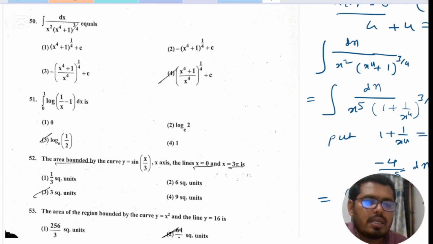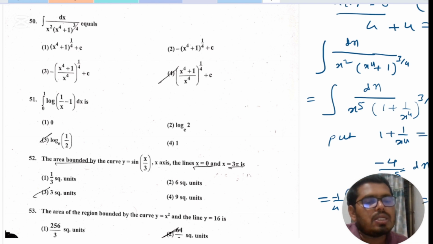That is equal to the integration, minus 1 by 4 take outside, we write dt divided by t raised to 3 by 4. Okay, this is also written as t raised to minus 3 by 4 dt.